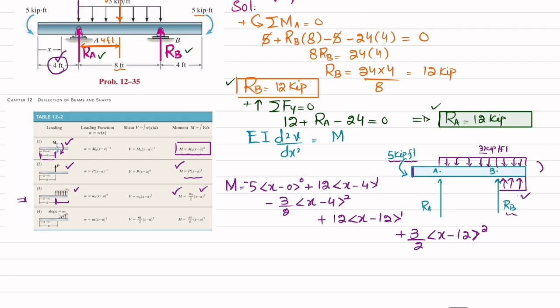Clear? And at the end we have a moment of 5 kip-feet. Okay.